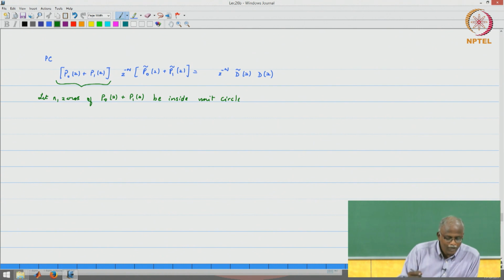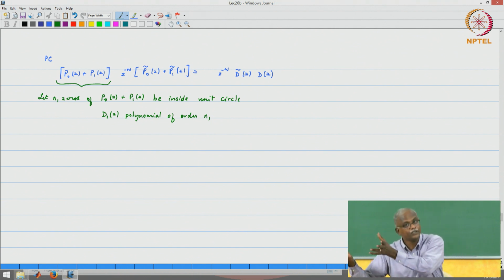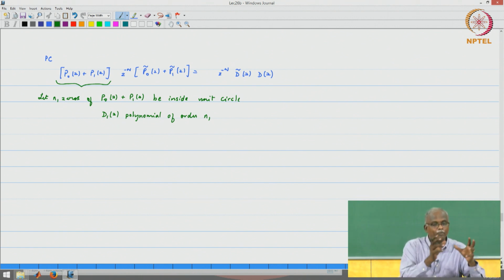We will call this factor D1. So D1 of Z is a polynomial of order n1. Where will these zeros come from? D1 will be a subset of D of Z, because D of Z has zeros inside the unit circle, and some subset of it got captured by P naught plus P1.